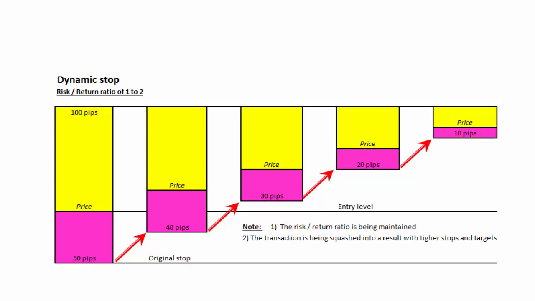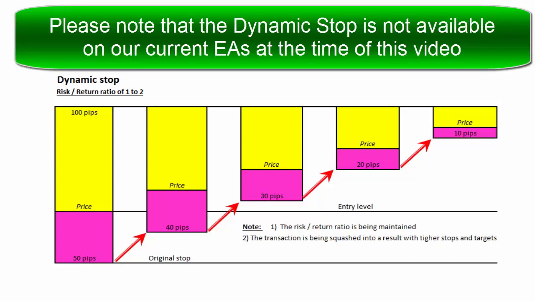So as the price is going up, it will move the stop up to make sure that if the price comes down, you are still losing in the risk return ratio. In this example, for every 20 pips that the price moves closer to the target, the stop will actually move 30 pips. So what happens is that it ends up squashing the price into the target.